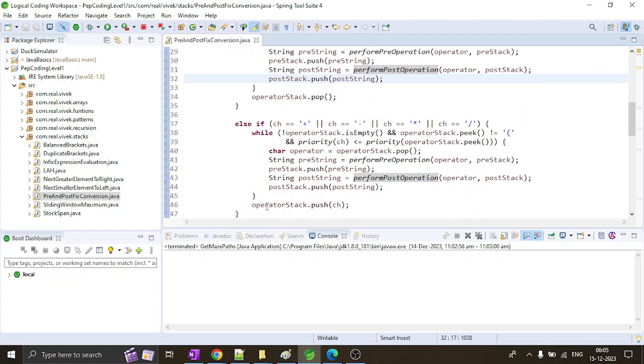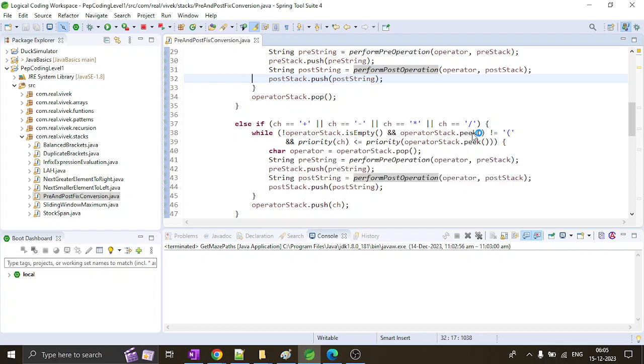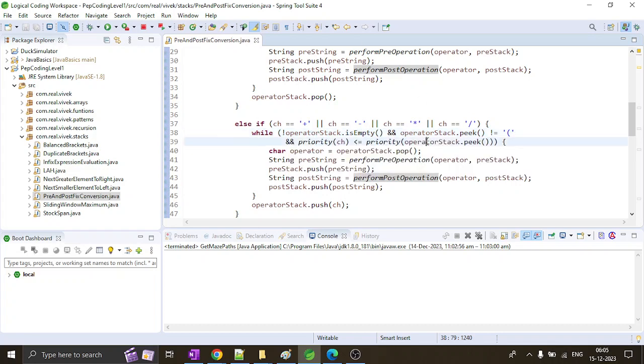Whenever we encountered an operator, we used to check three conditions: if the stack is empty, if the element in the operator stack is not equal to an opening bracket, and if the priority of the element in the stack is greater. It made sense, right? The element having higher or equal priority should be solved first. So if we have plus as ch and in the stack we have multiplication, then multiplication should be solved first.